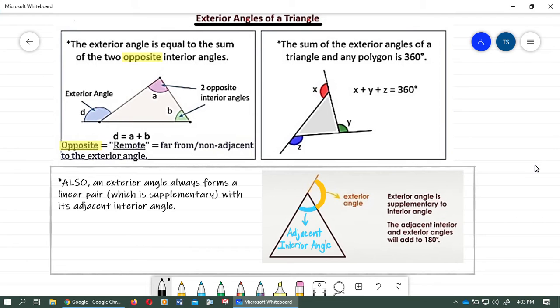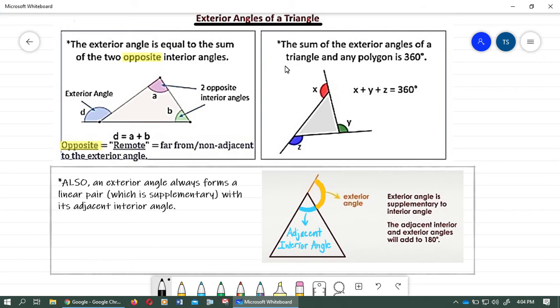All right, so guys, here's some more information about exterior angles. We had already talked about the exterior angle theorem, which again pretty much states that the exterior angle of a triangle is equal to the sum of the two opposite or remote interior angles, the sum of those two non-adjacent interior angles.